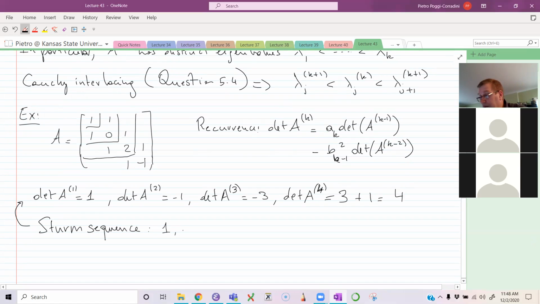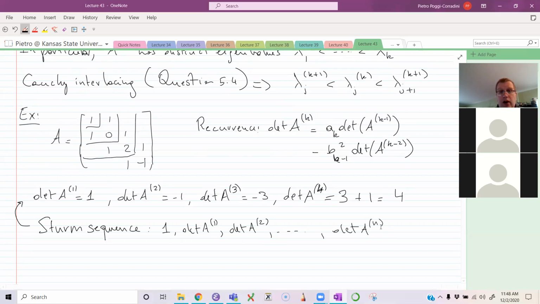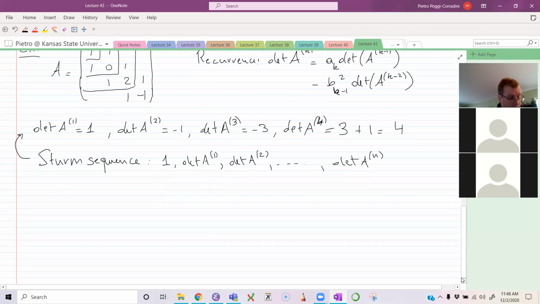So actually it starts with 1, and goes up to n. And now you use this sequence to do the following. Okay, so the first one is 1. So here is 0. Here's 1.